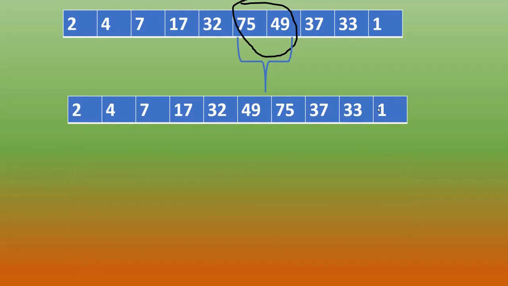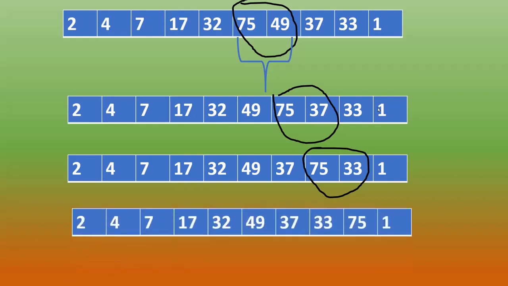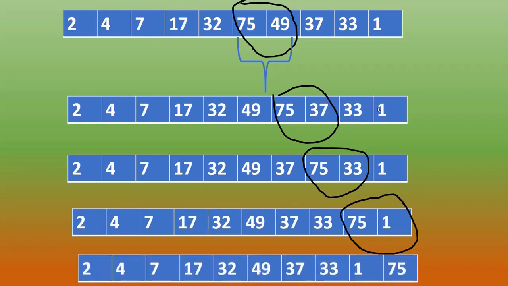Next comparison between 75 and 37, exchange takes place. Next 75 with 33, again an exchange takes place. Now one more comparison, 75 with 1. Again an exchange takes place and the status of the list is like this.